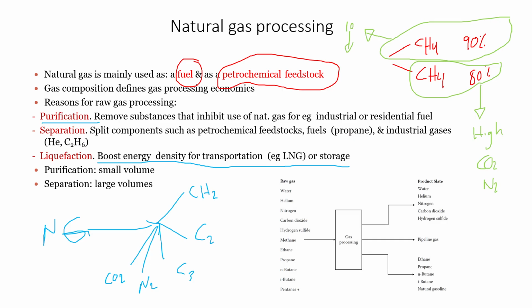You will do purification, where you remove the CO2, the N2 and the H2S, or you remove the traces of helium, for example. But if your gas stream includes a large content of C2, C3 and some other components, you do the fractionation or the separation, because it is worth it money-wise to do the fractionation process in order to produce more valuable gases.